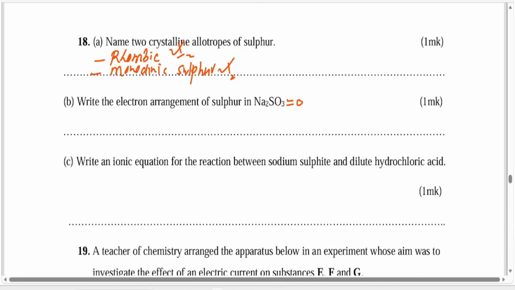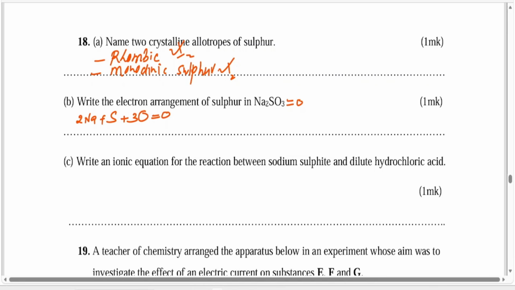I'm going to use that. So I'm going to have the one for sodium, so 2 times sodium, plus sulfur, plus 3 for oxygen, and this is supposed to give us 0. The one that I'm looking for is for sulfur.